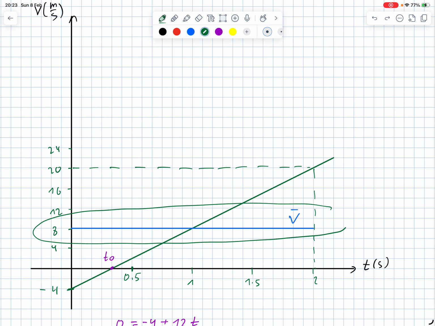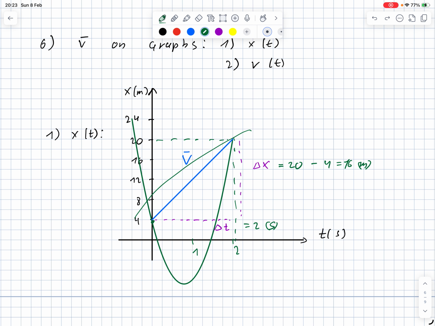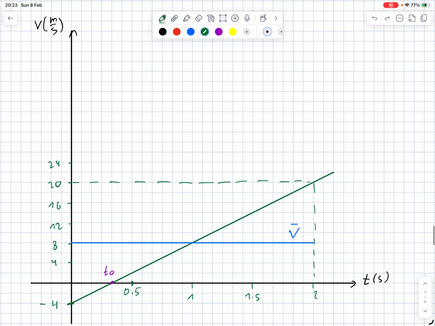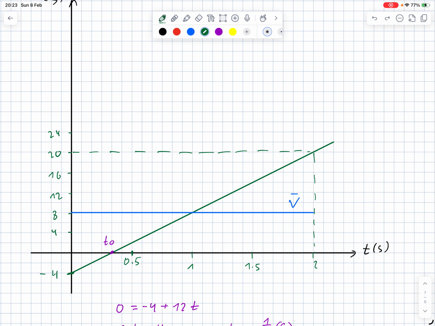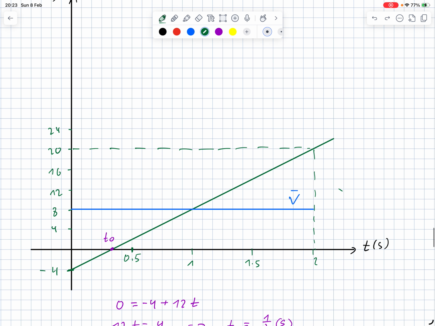You see that average velocity is constant, as I said before. Here also the slope is constant, and slope is velocity, average velocity. So that's why I can say that when I add average velocity to the graph of v of t, it should look like this.